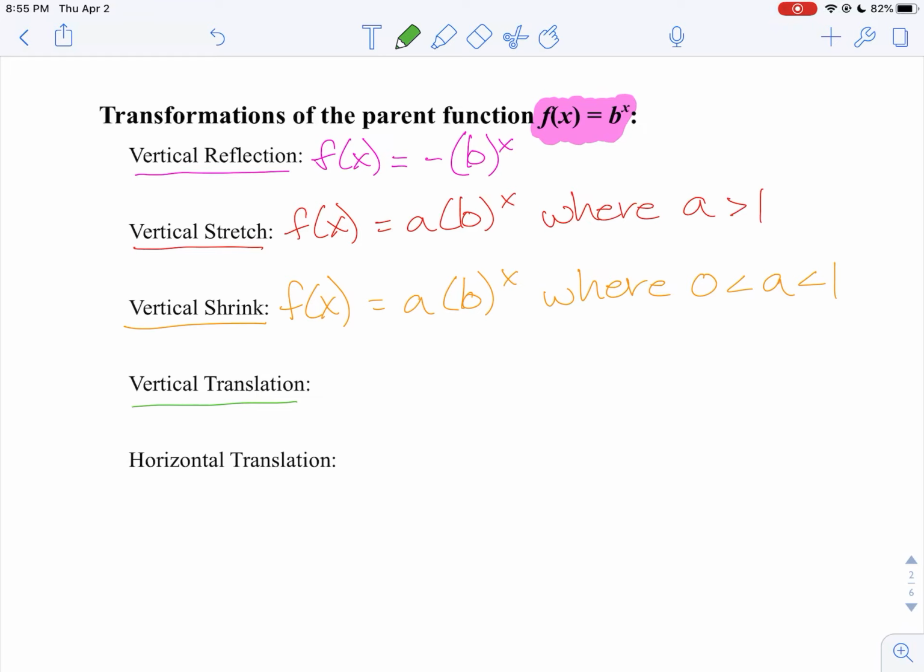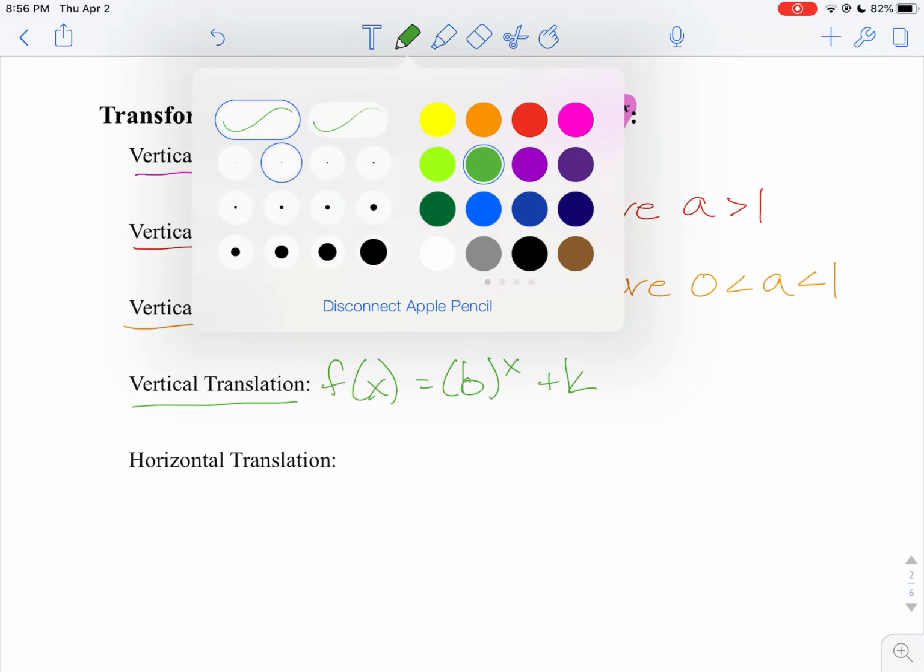To make the graph shift up or down, a vertical translation, we don't need an a this time. We would put outside of the function a value of k. Adding a value of k outside of the function would move the graph up or down, make a vertical translation.